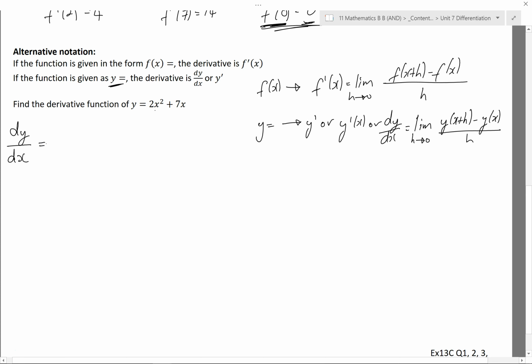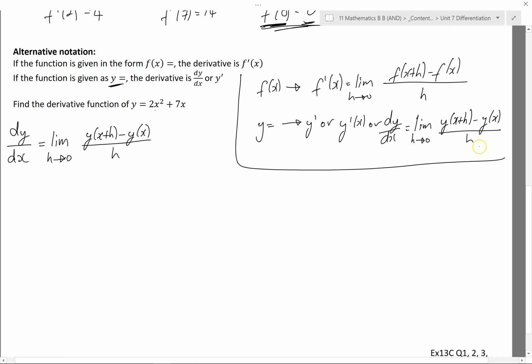So dy dx will be the limit as h approaches 0 of y of x plus h minus y of x, divided by h.